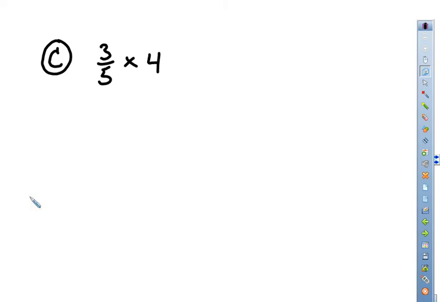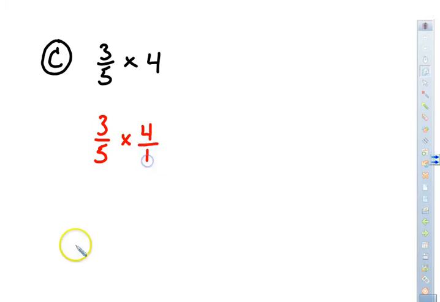So we take 3/5 and multiply it by 4. Well, that's a whole number. So how do you make a whole number into a fraction and not change the value of it? Well, you simply take that number and put it over 1.